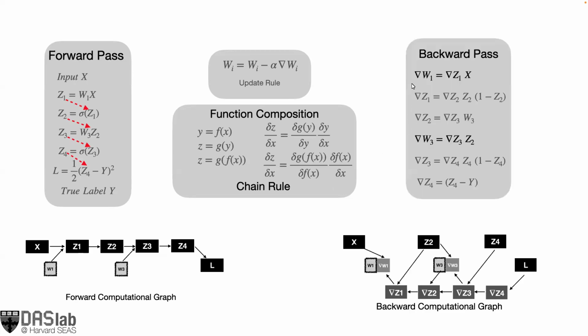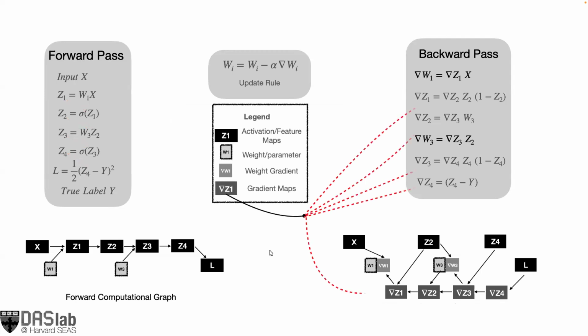After we get all the gradients, we can know how to update each parameter in this neural network, which is shown in this graph. On the left is the computational graph for the forward pass, and on the right is the computational graph for the backward pass.